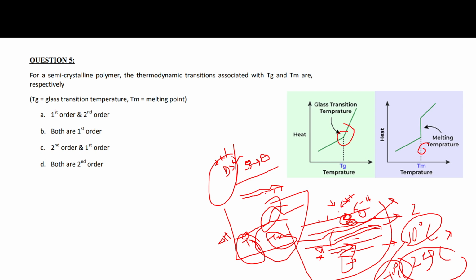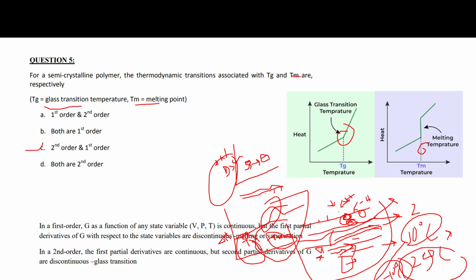The Tg is the second order derivative of the Gibbs free energy, and the Tm is the first order derivative. So the right answer is Tg is second order and Tm is first order.